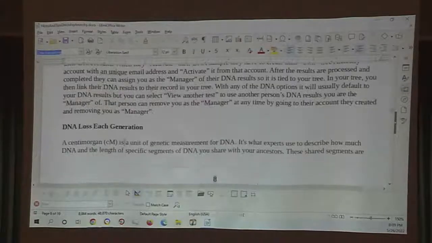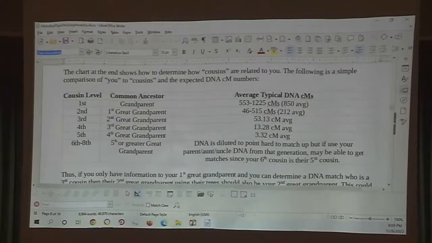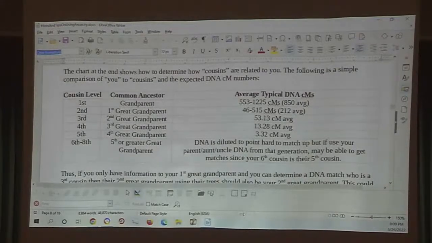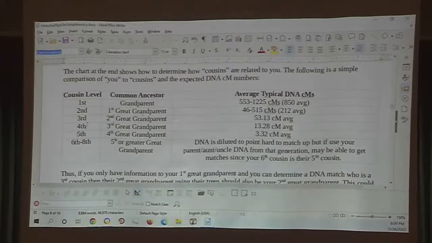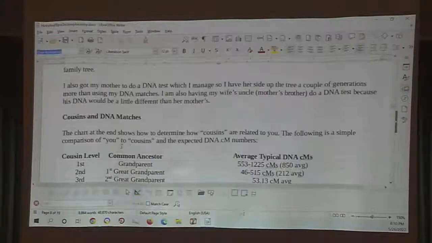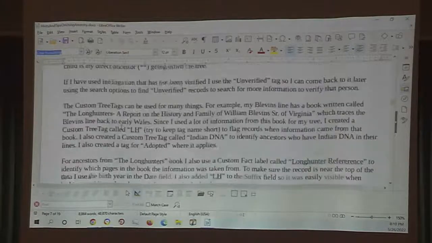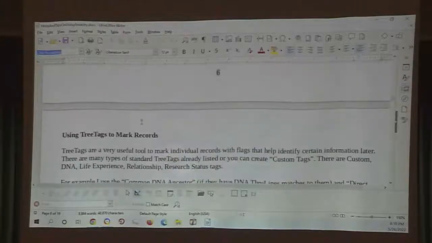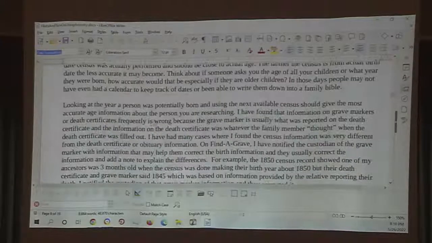I'm sorry, I'm blasting through this. This is the different cousin levels and what you share, right? That's talked about in that paper. DNA data, trees to mark, tags to mark records.